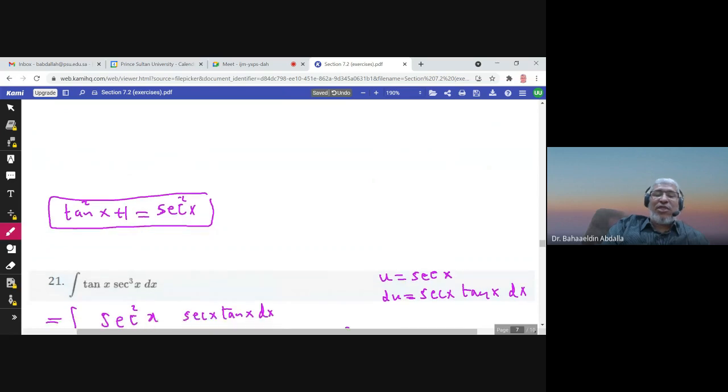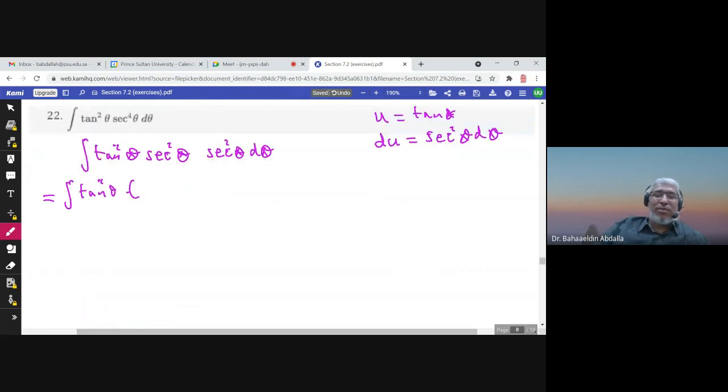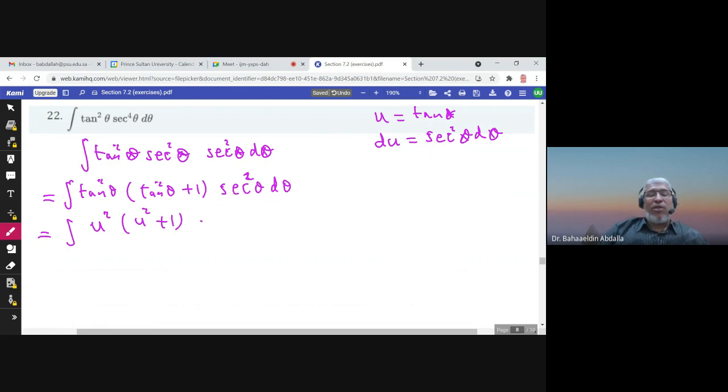So secant square is tan square plus 1, times secant square d theta. And now you can change everything to u. So this would be u square times u square plus 1 du, and please expand and continue.